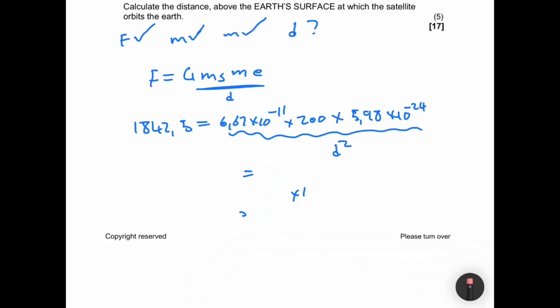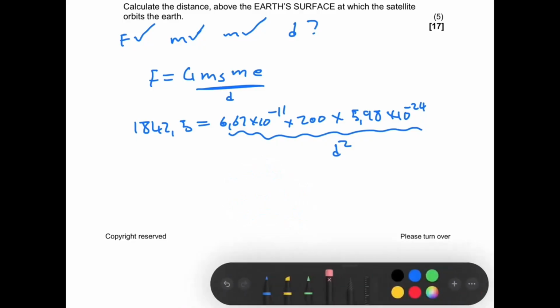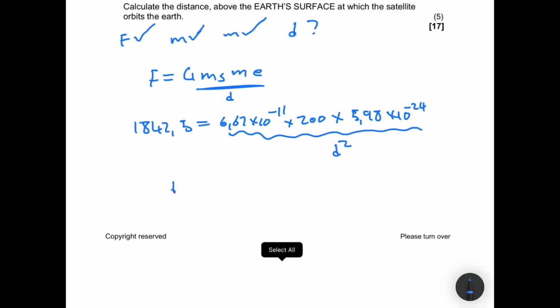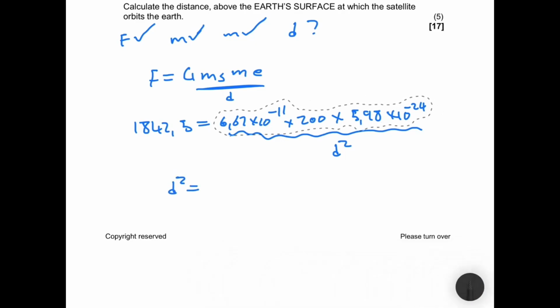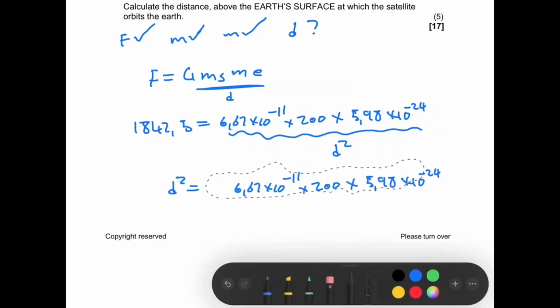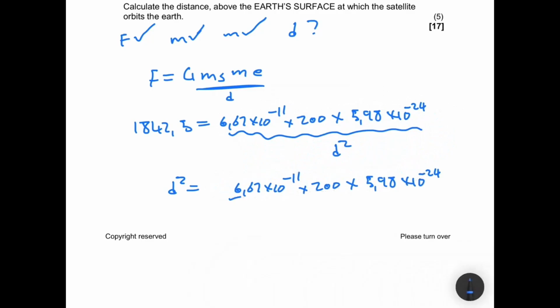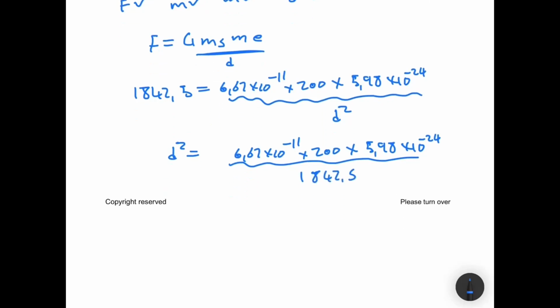So D squared equals this entire expression, which I'll duplicate for the sake of time, divided by 1842.5. After you do that, you take square roots on both sides.